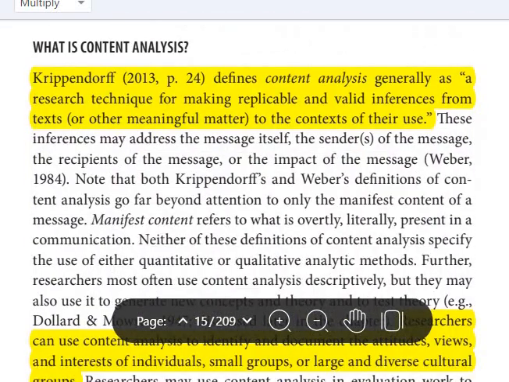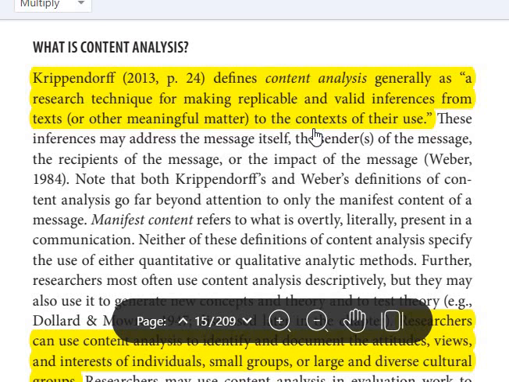Here, what is content analysis? Now, this definition is very important, which is provided by Krippendorf in 2013 on page 24. He defines content analysis generally as a research technique for making replicable and valid inferences from texts or other meaningful matter to the contexts of their use.